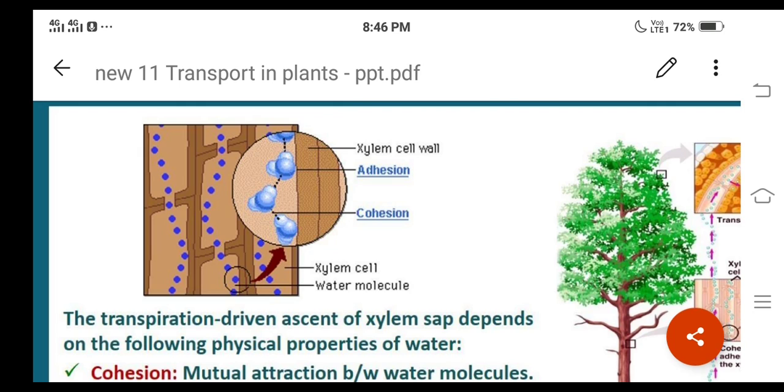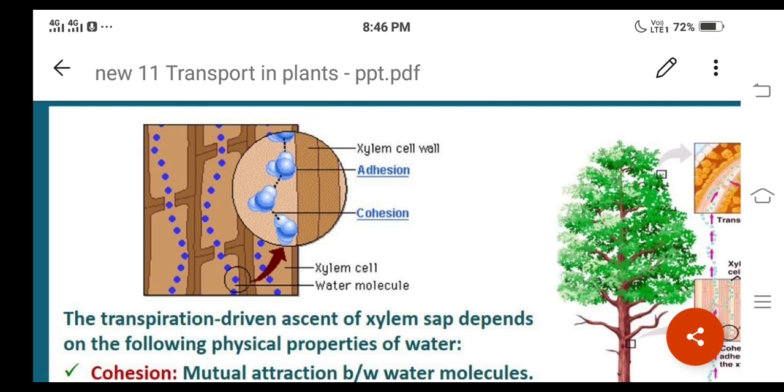Let us understand about the transpiration pull. The transpiration driven ascent of xylem sap depends mainly on the following physical properties of water. Why are we going to call it the transpiration driven ascent of xylem sap?